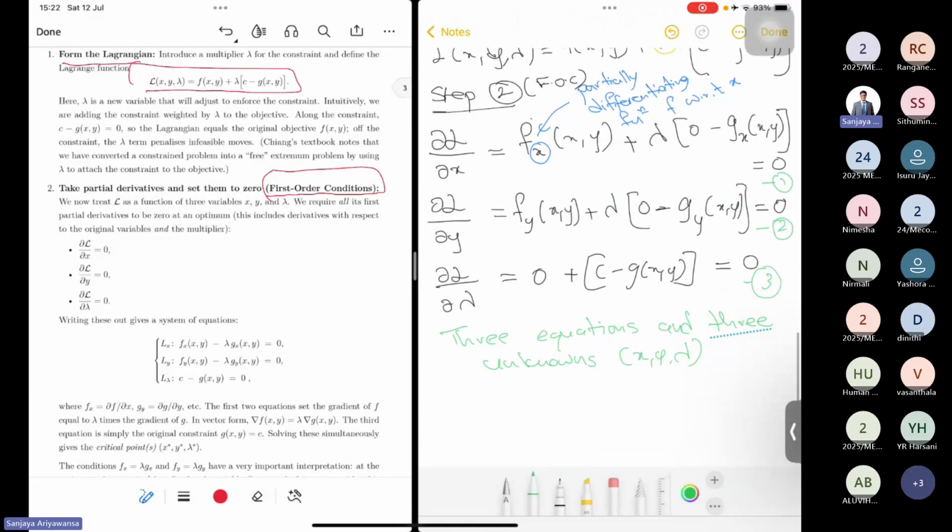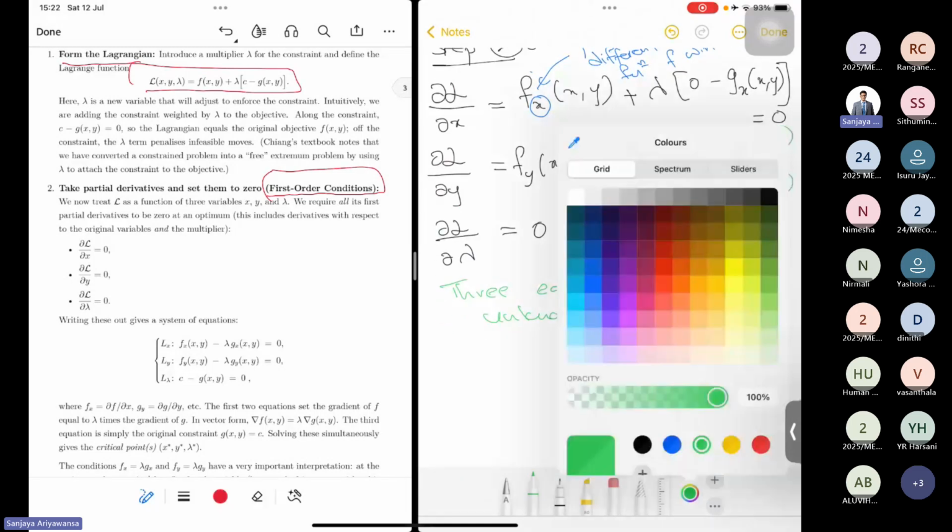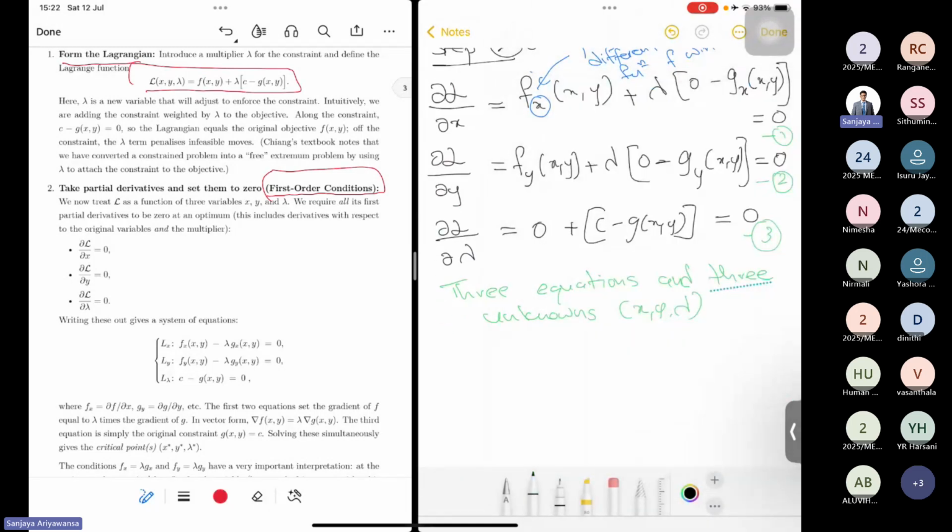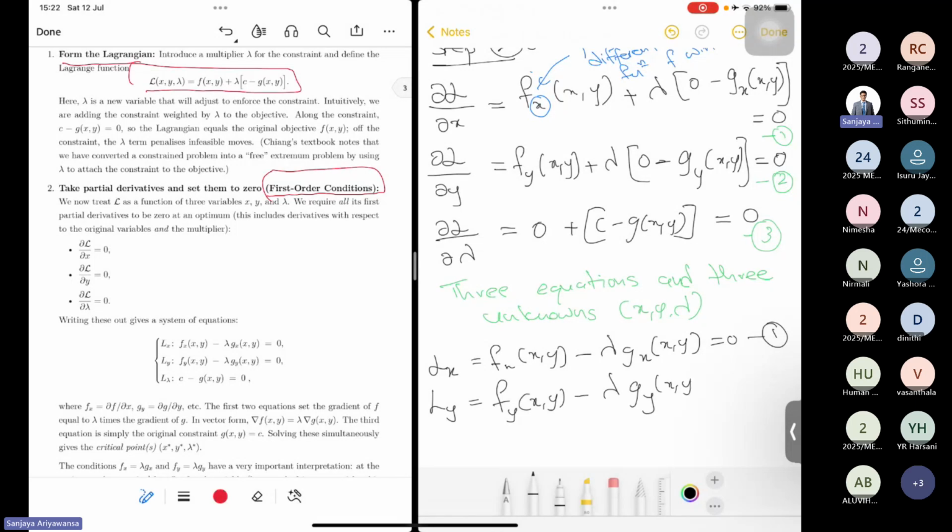So if I were to rewrite the 3 equations, rather than writing the partial derivative notation, I would write L_x, which gives me f_x minus lambda times g_x equals 0. That's the first equation. Then I have the second equation, Lagrangian partially differentiated with respect to y, which equals the objective function partially differentiated with respect to y, minus lambda times g partially differentiated with respect to y equals 0. That's your second equation.